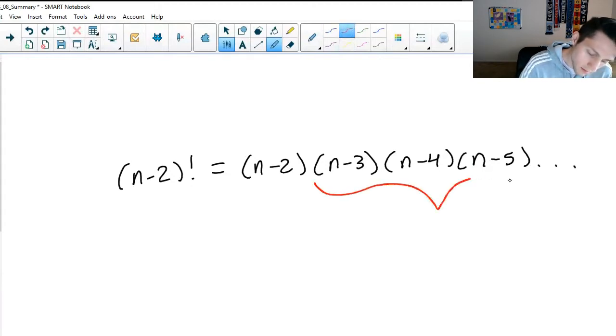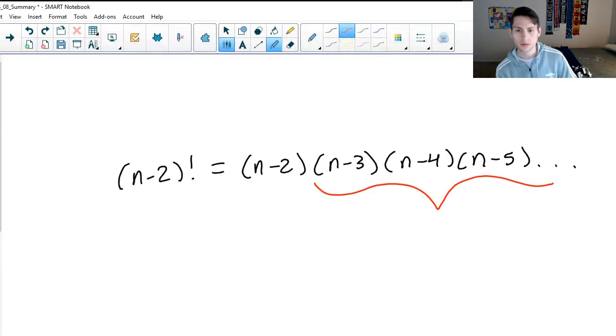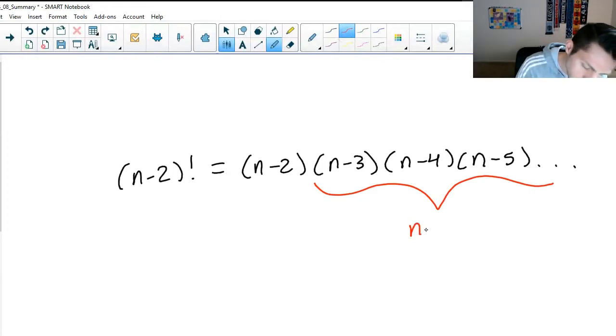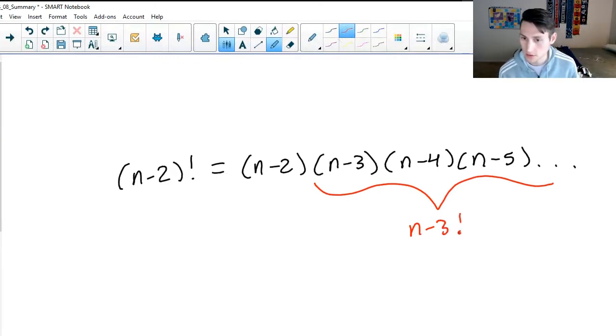But okay, actually that would be different. Right? Okay, I did screw up, not in the way that you thought. But so this is n minus 3 factorial. Right?